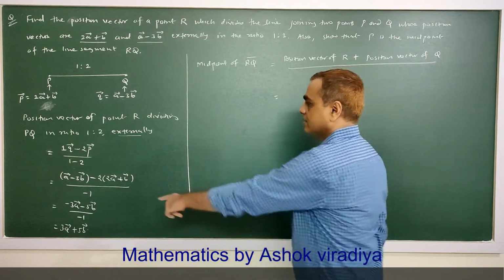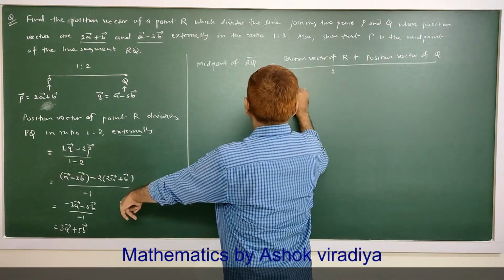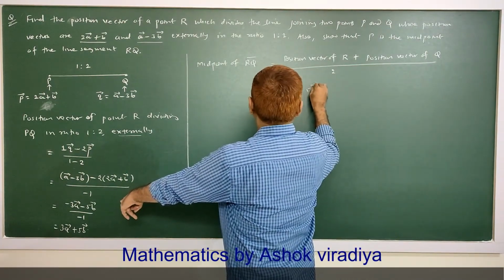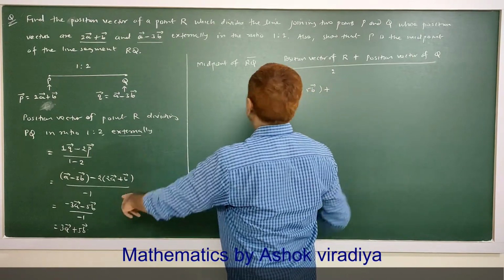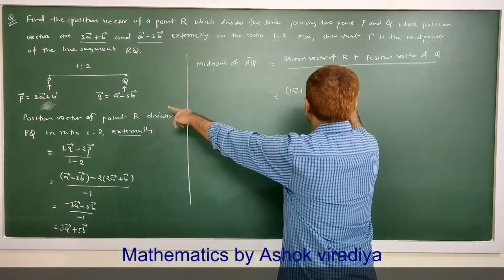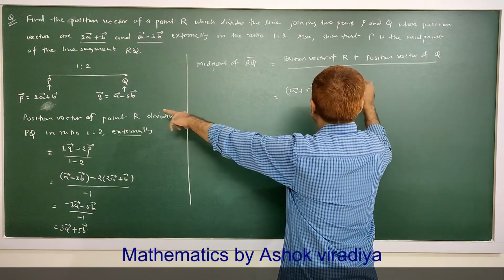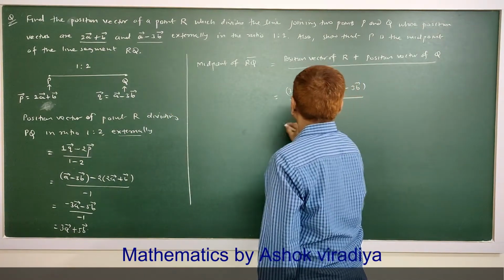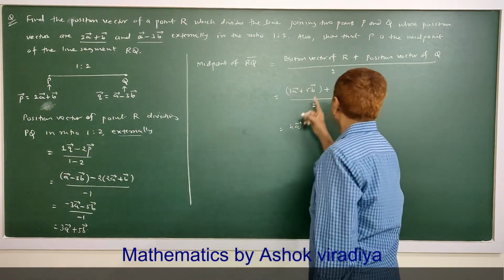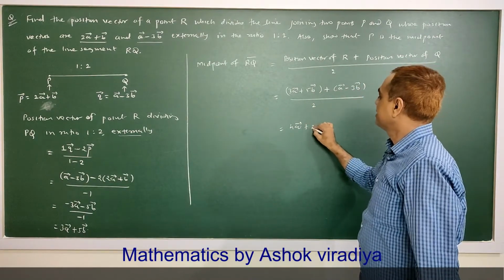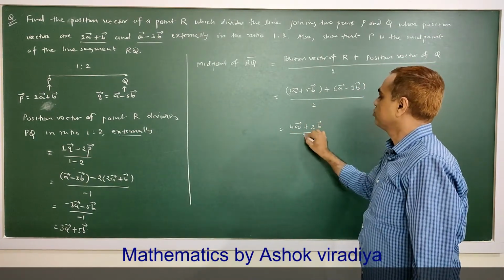The position vector of R is 3A plus 5B, plus the position vector of Q, which is A minus 3B, divided by 2. So this is 4 times vector A, 5 minus 3 is 2 times vector B, upon 2.